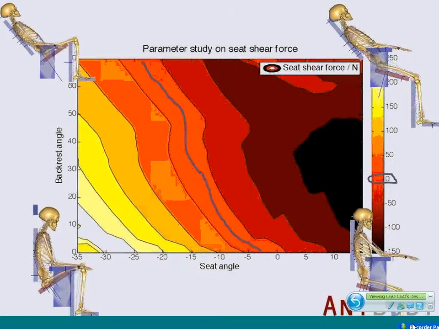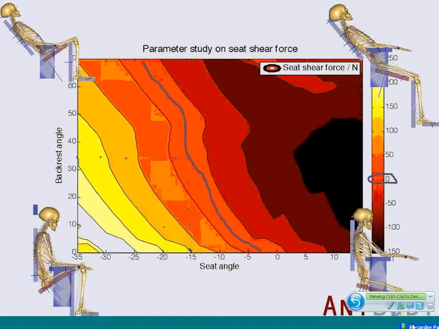So basically, then you can go in and say, well, I have a seat angle of 15 degrees. So I would like to go up here. That means I have to go in here, and my backrest angle can be 33 or 34 degrees.